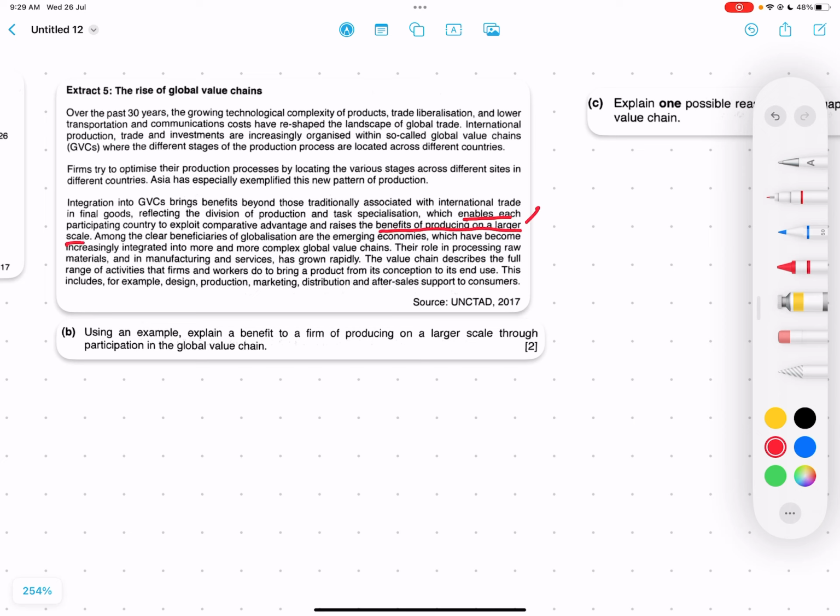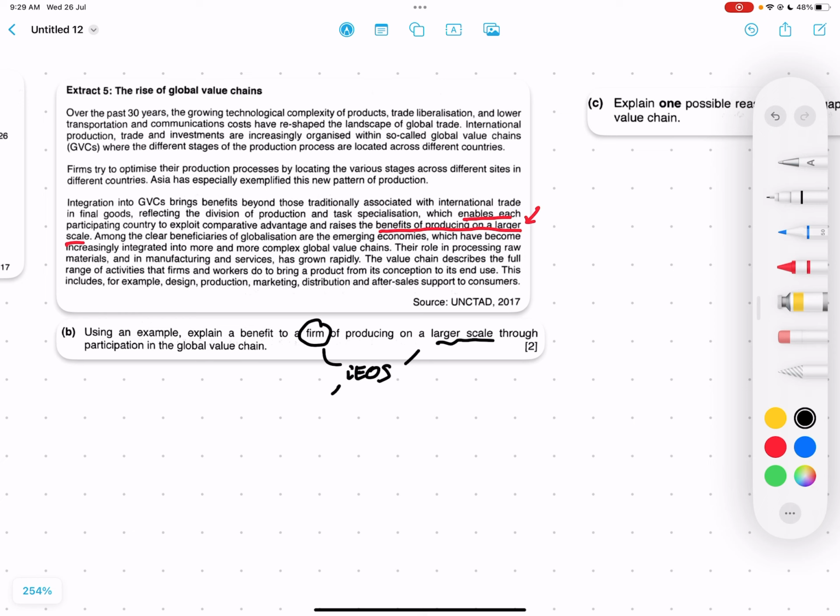So the econs concept we're going to use here is for a firm. The concept is IEOS: a decrease in average cost that happens when a firm increases its scale of production.